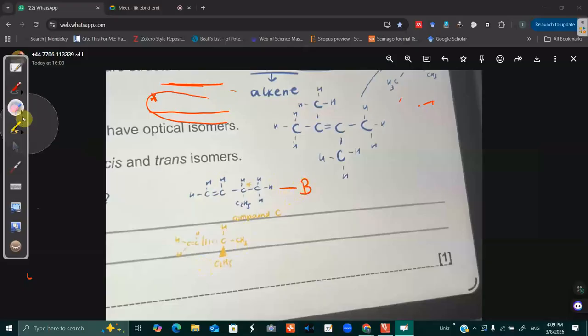No, that's compound C. This is compound B. No, that's just compound C in 3D.